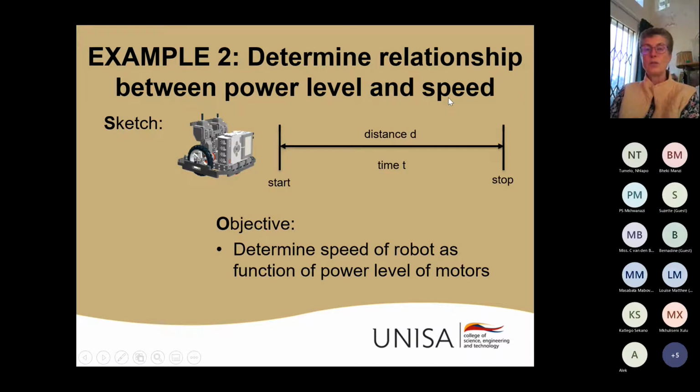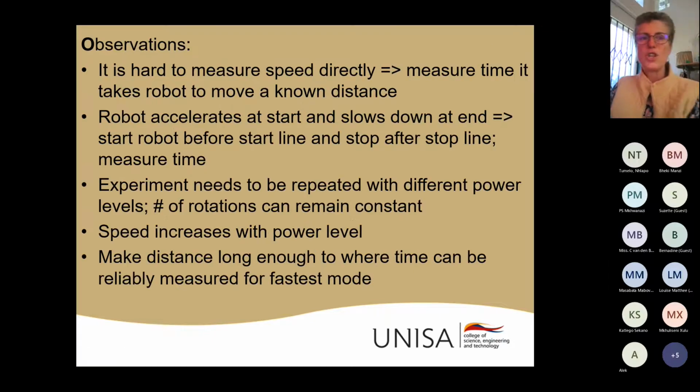Your speed is determined by your power level. It's hard to measure speed directly because sometimes there's acceleration. I think the older learners get it, because in grade 8 and 9 they start doing acceleration and deceleration. However, for now, just keep that as negligible.